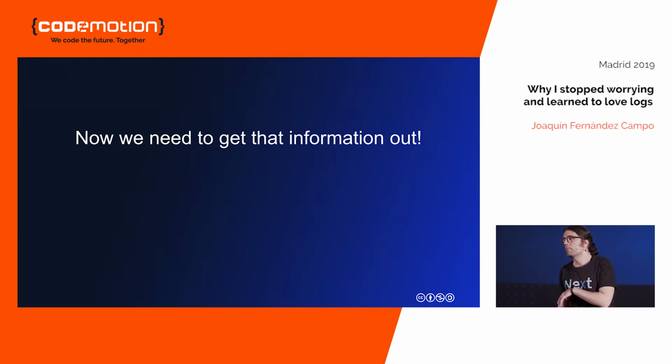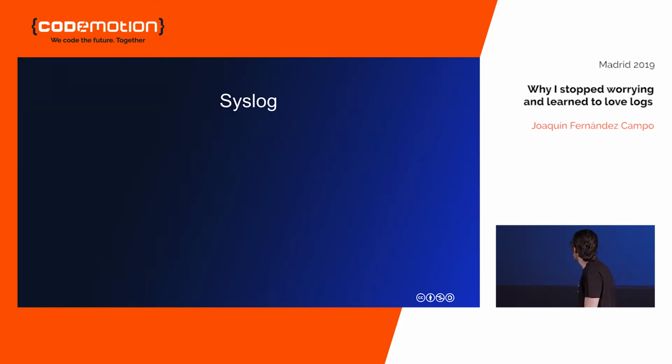It doesn't make sense in the current world we live in to work with locally available information. You might deploy code that runs somewhere, and you need to get those logs to people so they're consumable. You might run multiple copies of your application, or you might run in different environments. So how can we do that?